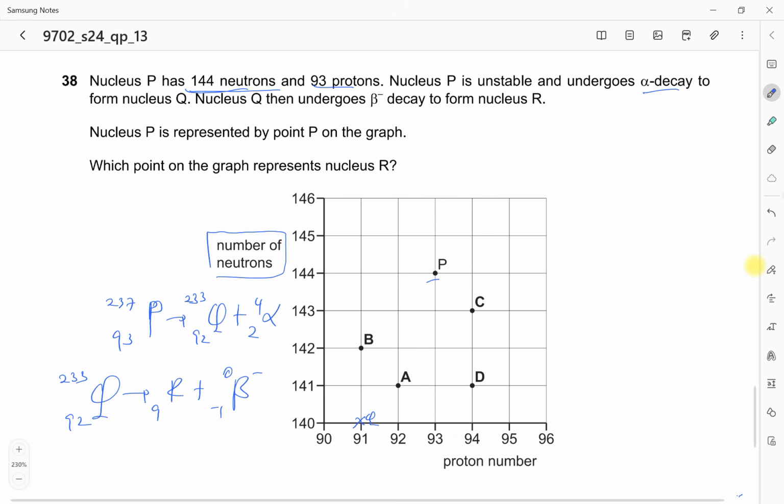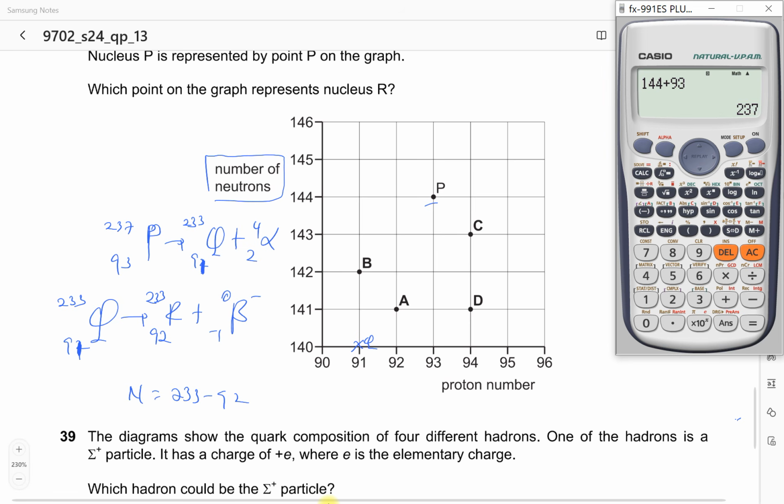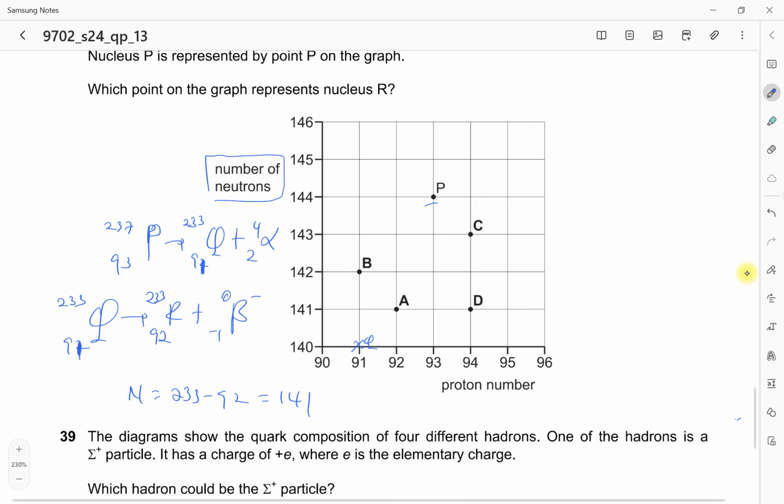Sorry, this was 91. This is 91, so this becomes 92. Then the nucleon number remains 233. Then the number of neutrons is 233 minus 92, which is 141. So the number of protons is 92, the number of neutrons is 141. So the answer is A.